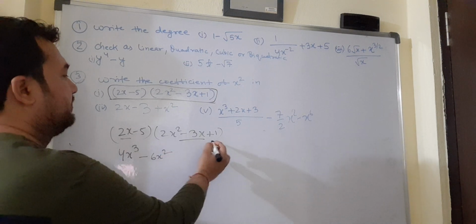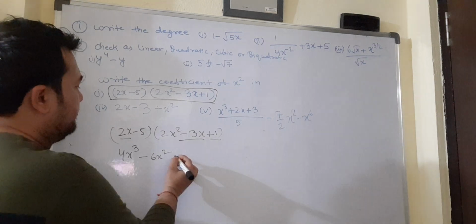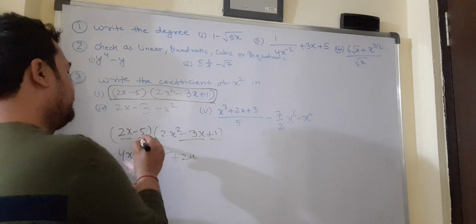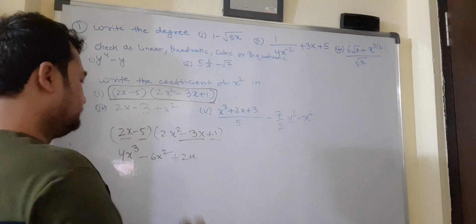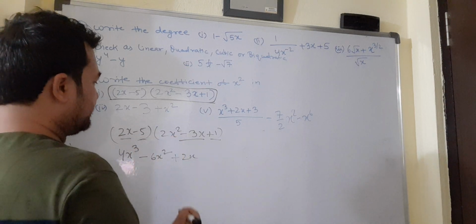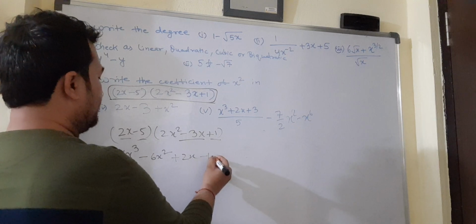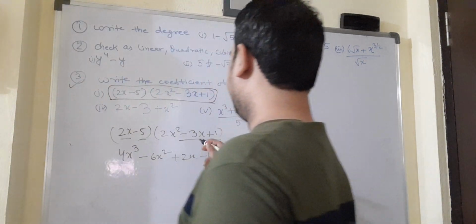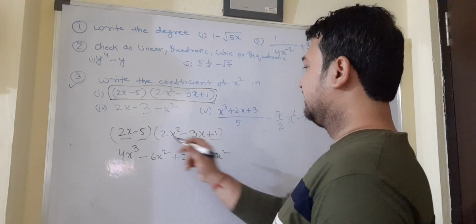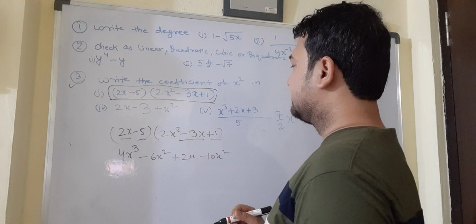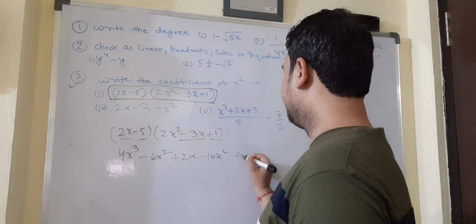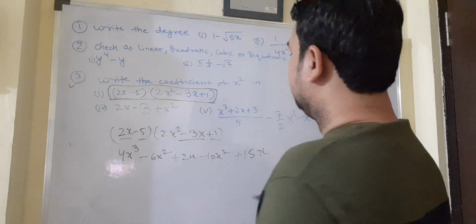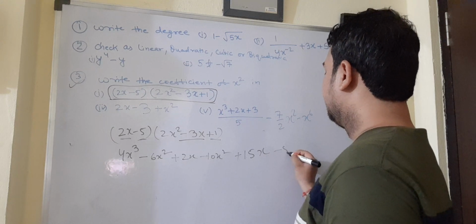Now 2x is over. Minus 5 into 2x square is minus 10x square. Minus 5 into minus 3x is minus and minus plus 15x. Minus 5 and plus 1 is minus 5.